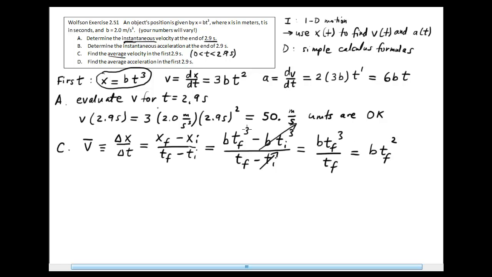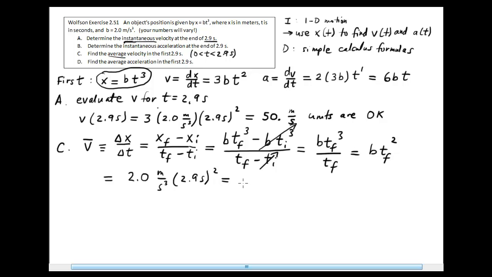If we had rushed to plug in numbers in the original expression, we would have several different things to plug in for and calculate. What we have here is simply one final expression. So this average velocity is simply b, which is, in my problem, 2.0 meters per second cubed, times t final, which is 2.9 seconds, and that needs to be squared.